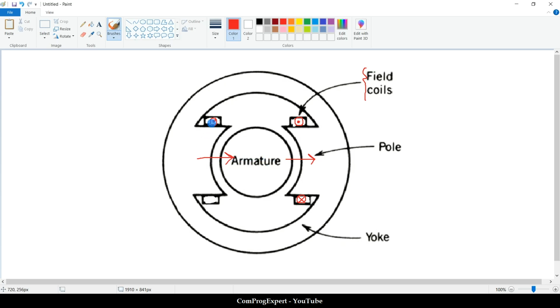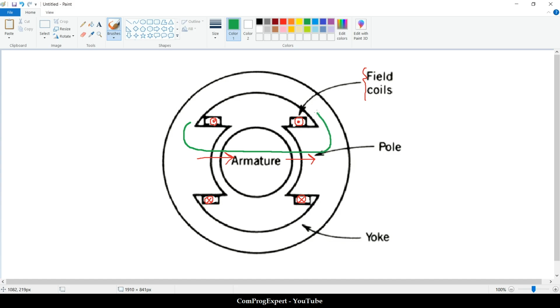We have a two-pole machine, and the direction of the excitation for this coil region is into the paper. Otherwise, the field that is generated by this coil is in this direction, which is not a useful structure. So let's plot a flux line. When we excite these two identical coils, we will have this magnetic field.